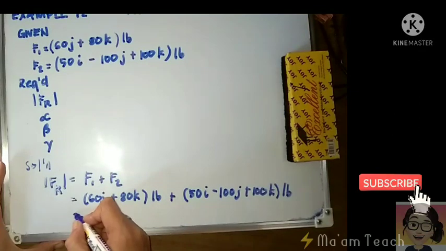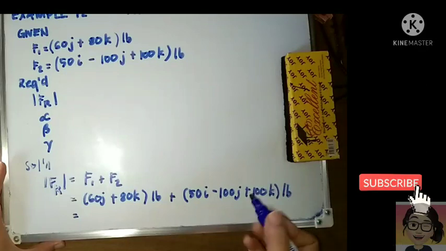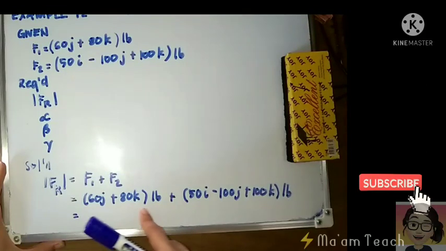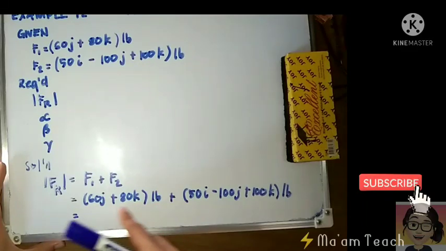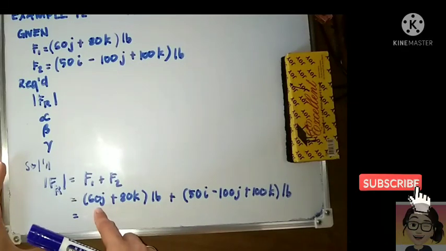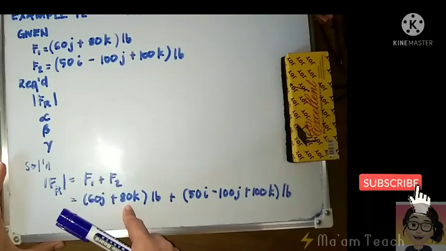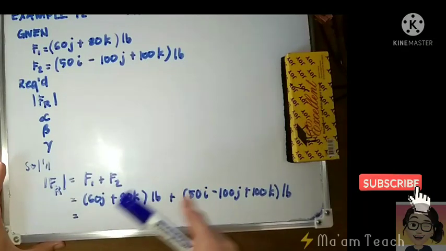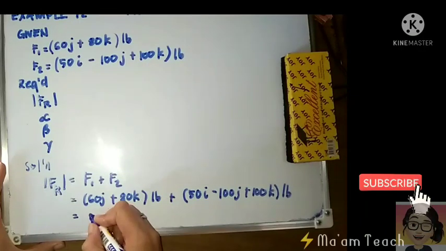Like we have said, all we have to do is combine the x component, y component, and z component. For F sub 1, as you can see, there is no x component, only y and z components. So just copy this 50i.